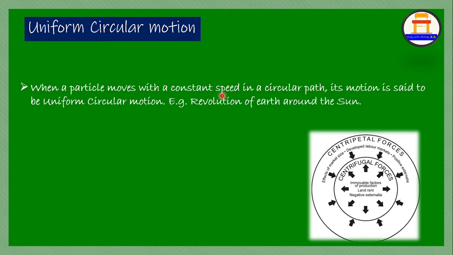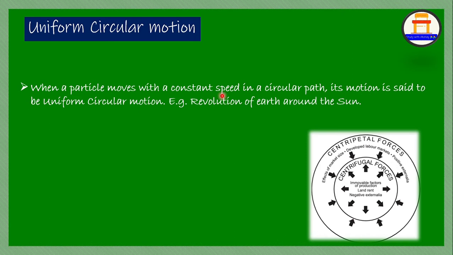When it revolves around the sun, it moves in a circular path with a constant speed. The speed is not altered anywhere. So the constant speed condition is applied, and the direction is also focused: circular path. These are a few examples which we can remember.